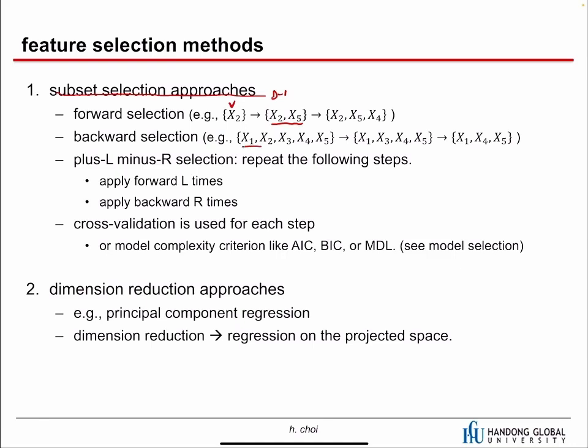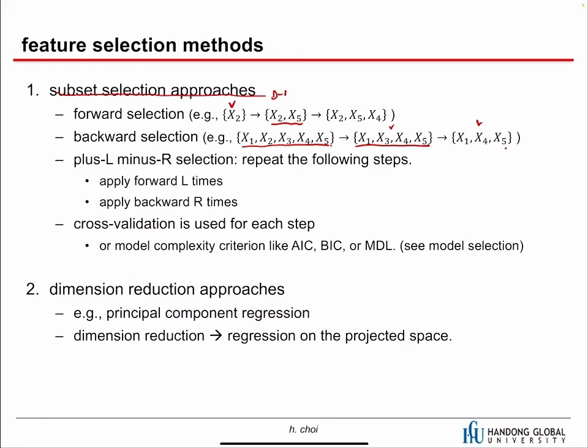So we can start from all the features, and then we can delete 1 out of 5. So when we delete x2, then we get the best performance. And from this, we delete one more, then this one is the best feature set.